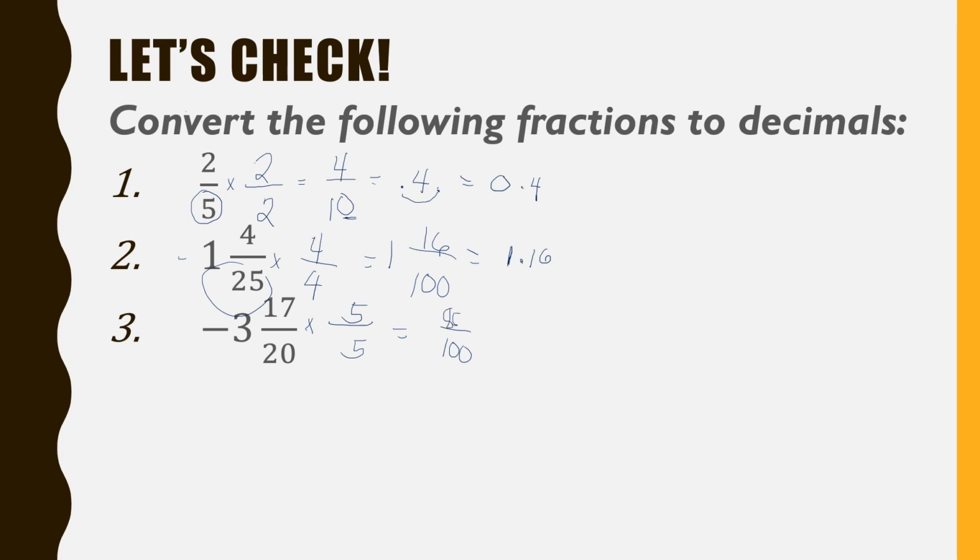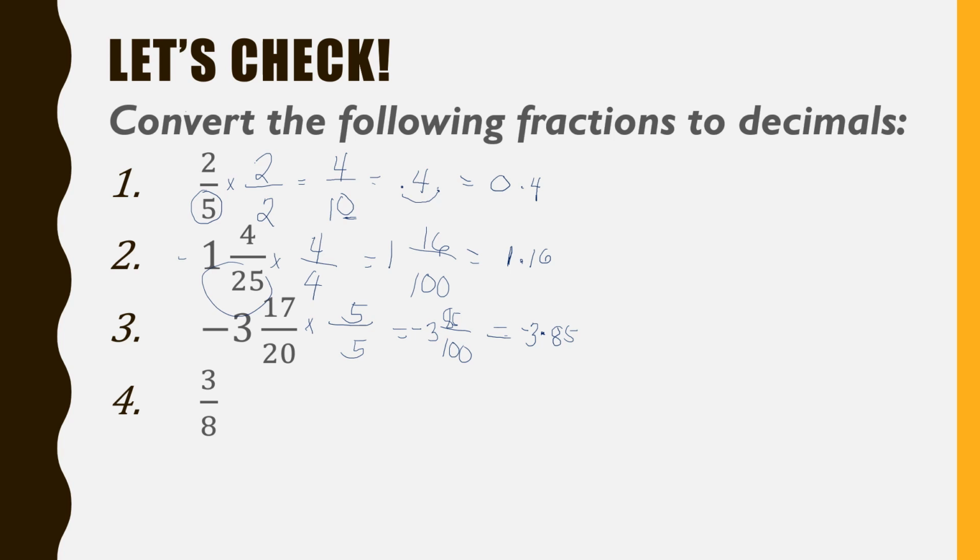Don't forget negative 3, so we have negative 3 there. And then we have 85 hundredths, or in decimal that is 0.85. And then negative 3, our whole number. So the final answer here is negative 3.85.